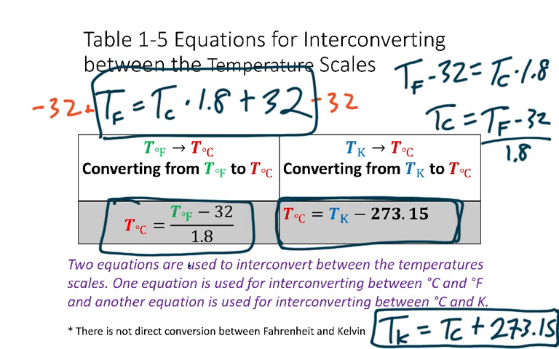Now, notice that we do not have an easy or single equation that connects Kelvin and Fahrenheit. So we have to go through Celsius. And that's actually okay because Celsius is the one that's most commonly used. So that works out well.